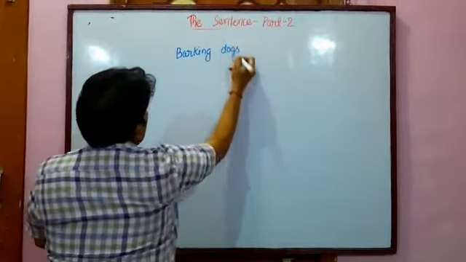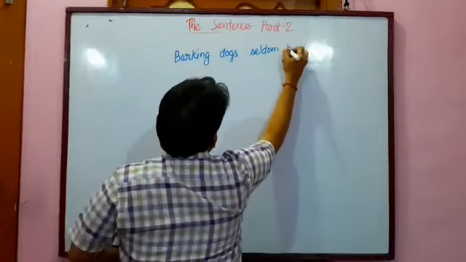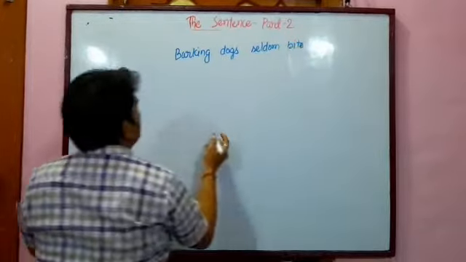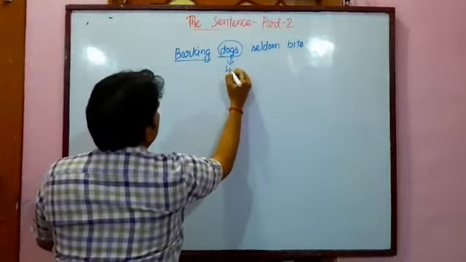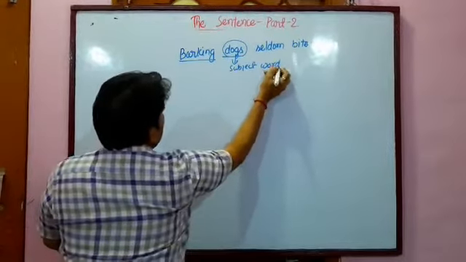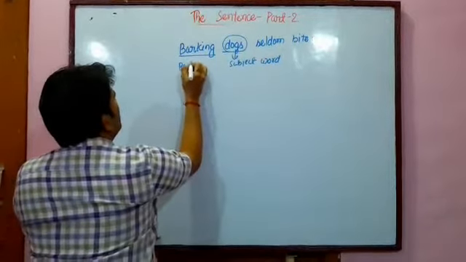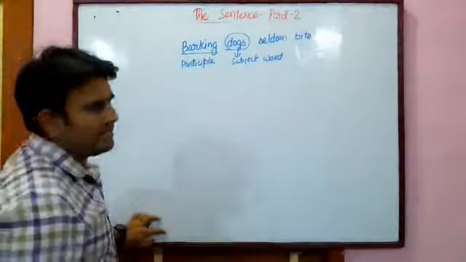Barking dogs seldom bite. In this, dog is the main word, the subject word, and barking is a participle that acts as an adjective.